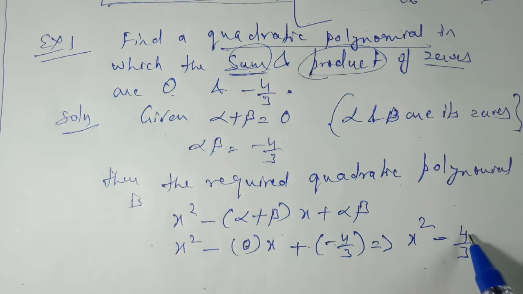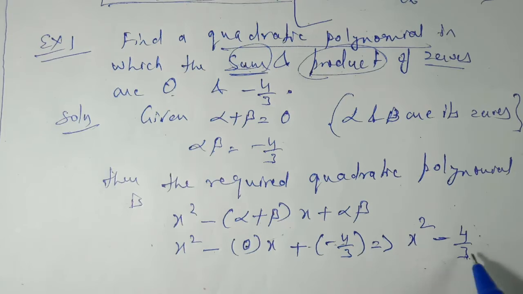What is the proper form? We don't want the denominator in any term. So whatever the denominator is, you have to multiply the whole polynomial by it. Here only one term has a denominator, so we will multiply the polynomial by 3 because we have to remove it.